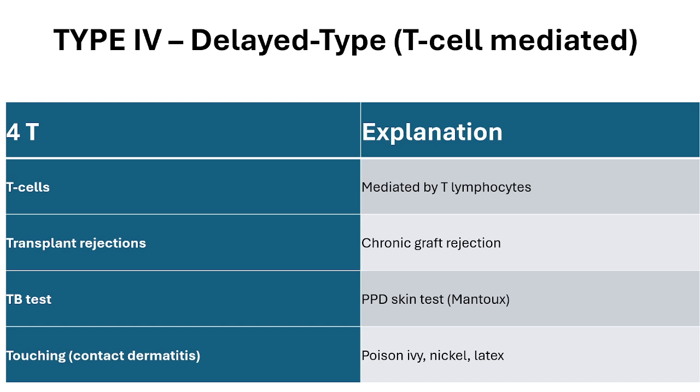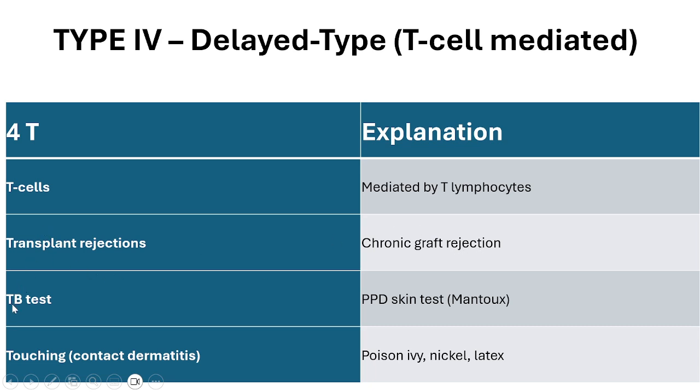And finally, coming to type 4, it is a delayed type and it's mediated by T cells. For type 1 we remembered the 4 A's. Now for type 4 we will remember 4 T's because it's a delayed type mediated by T cells. So what are those 4 T's? First is the T cell, as it's mediated by T lymphocytes. The other T is for transplant rejection, so chronic graft rejection falls in this category.